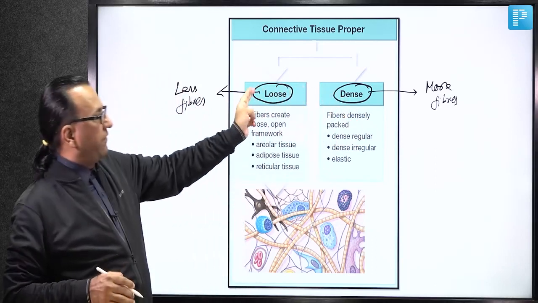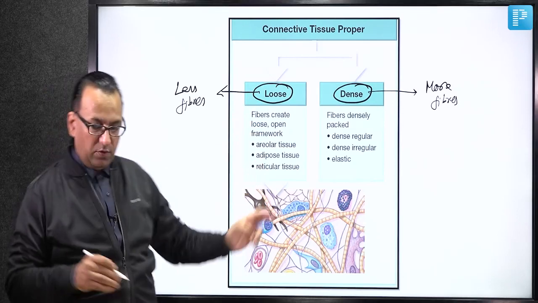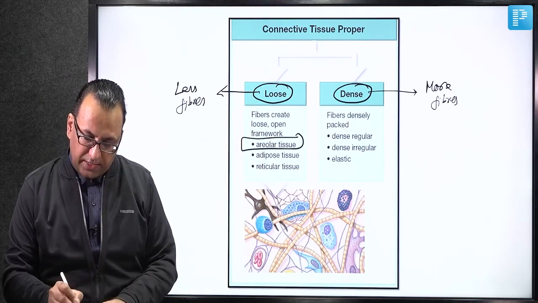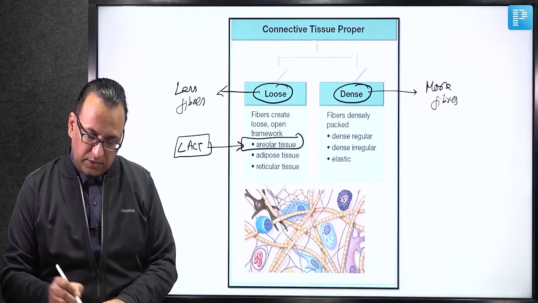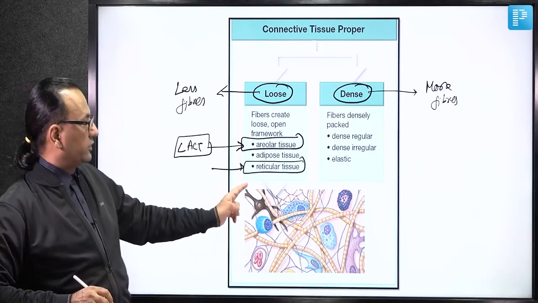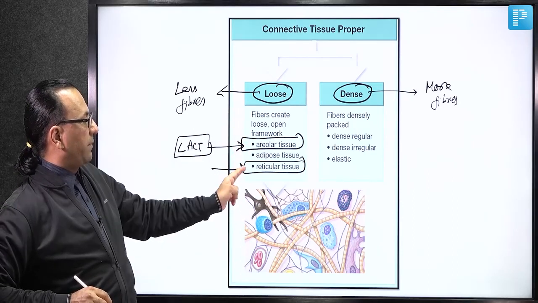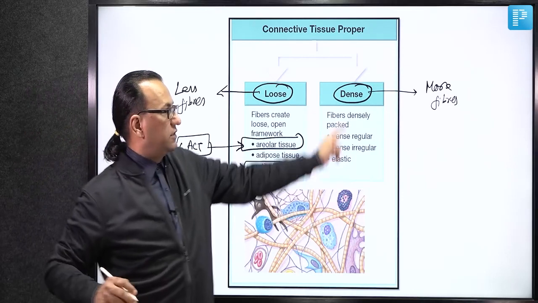Now, under the subclassification, remember two types under the loose connective tissue. You have loose areolar connective tissue, and the other one is reticular tissue, as we have seen in the lymphoid organs. So loose areolar connective tissue and reticular tissue, this is the loose subclassification. What about the dense connective tissue?